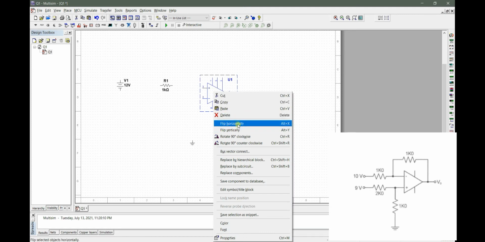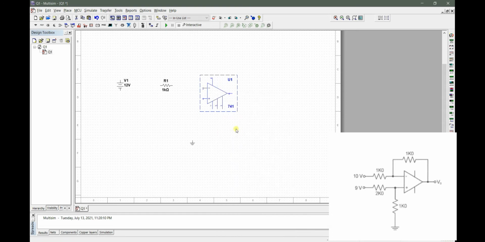One thing we need to look at here is the position of the op-amp, and we need to determine the terminals of the op-amp, the negative and the positive. As we can see in the equation, the negative terminal comes first before the positive terminal.